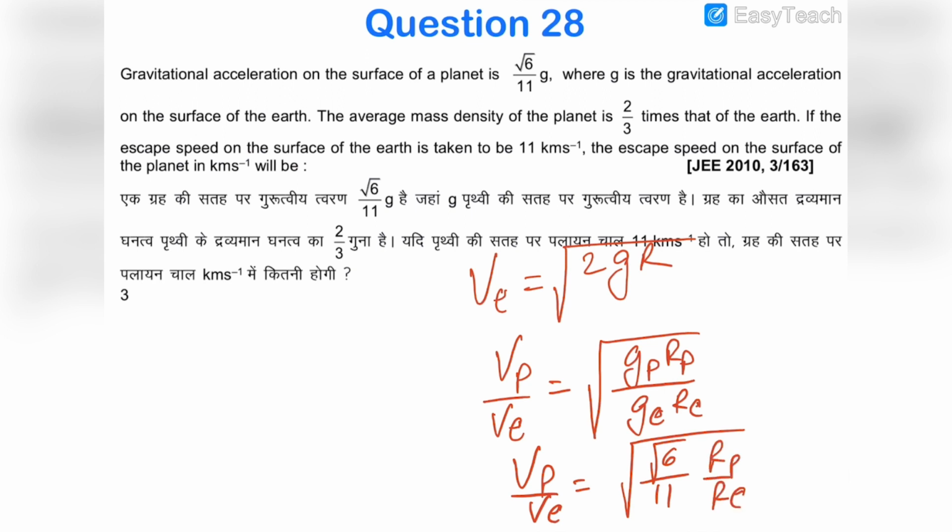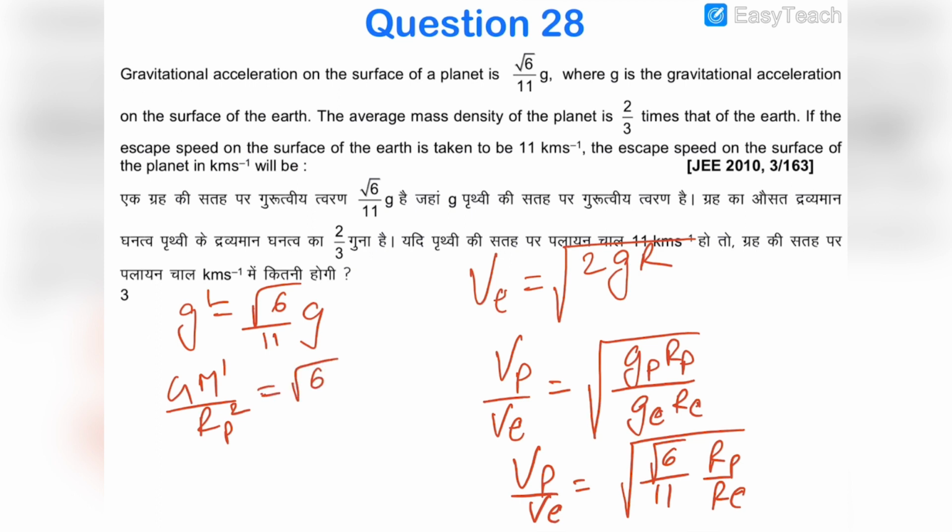So we know that g dash is under root of 6 by 11 g, and g dash is G m dash by R planet square, and that is equal to root of 6 by 11 G m of Earth by R of Earth square. I'm cancelling G with G.